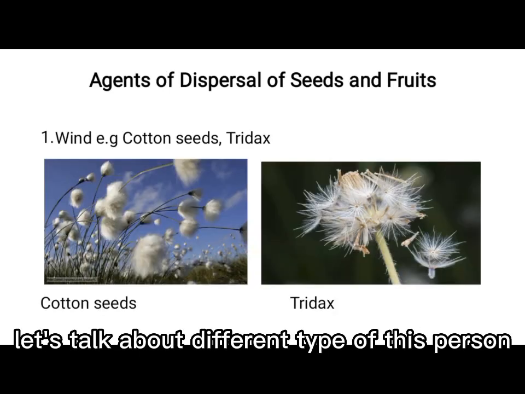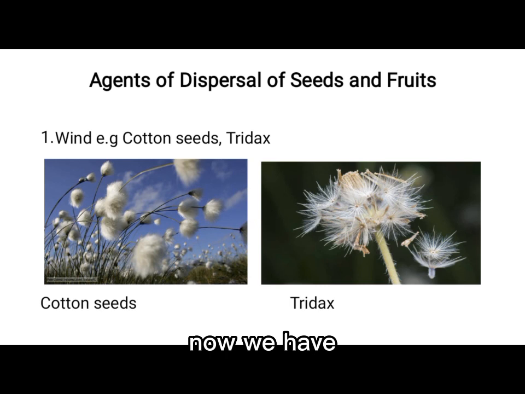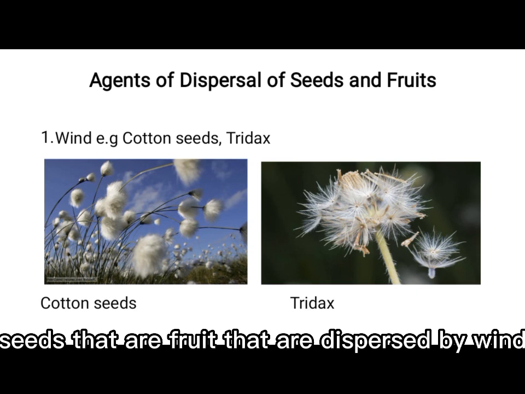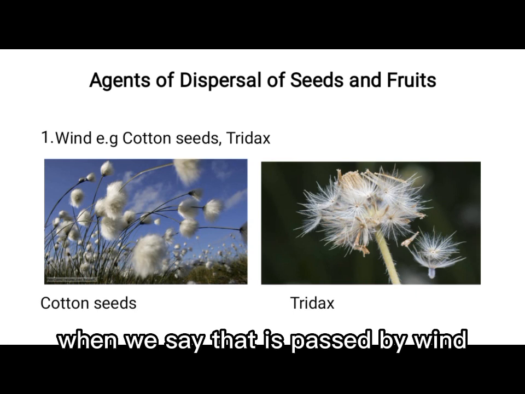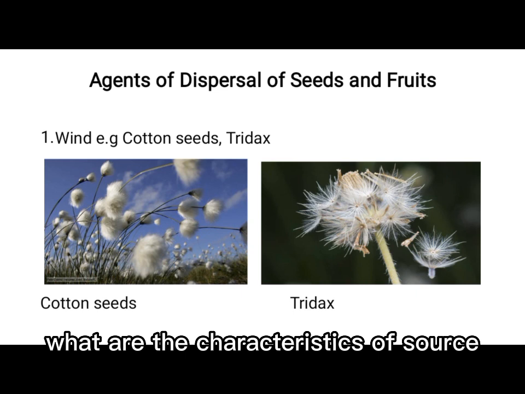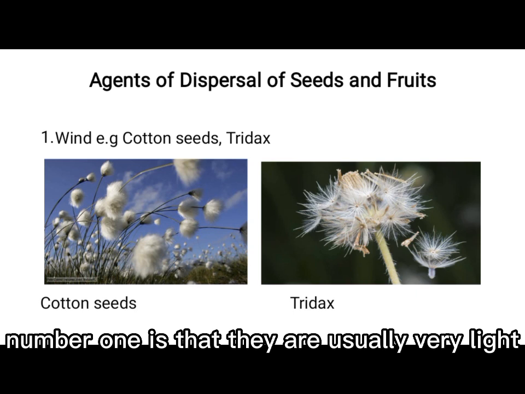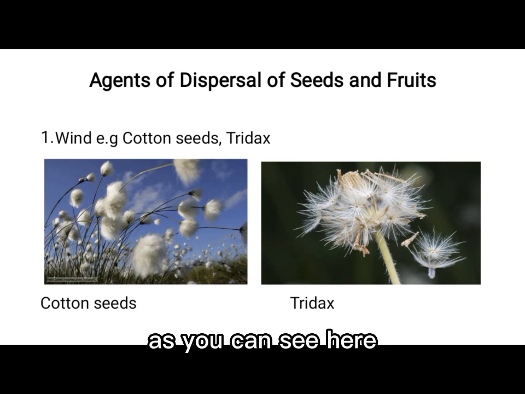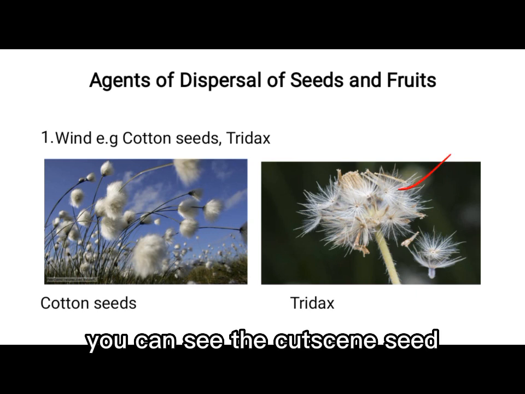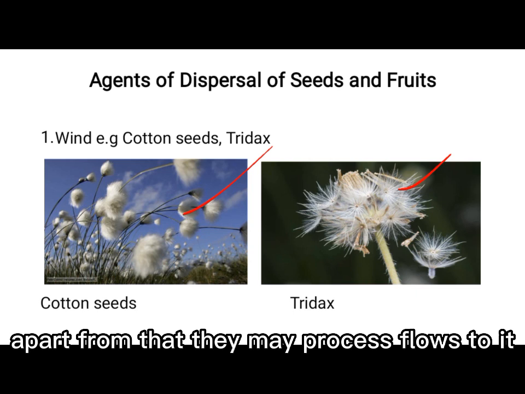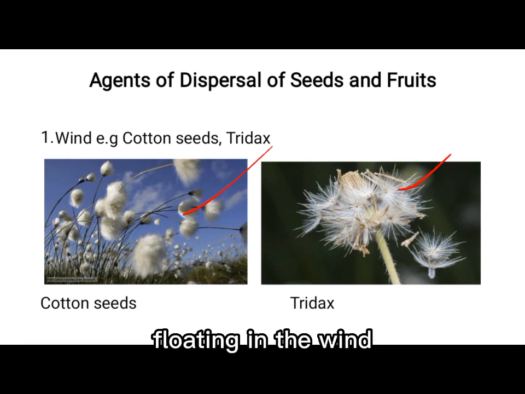Let's talk about different types of dispersal now. We have seeds or fruit that are dispersed by wind. When we say they are dispersed by wind, what are the characteristics of such fruit or seed? Number one is that they are usually very light in weight. As you can see here, you can see the tridax, you can see the cotton seed. Apart from that, they may possess flaws to aid floating in the wind.